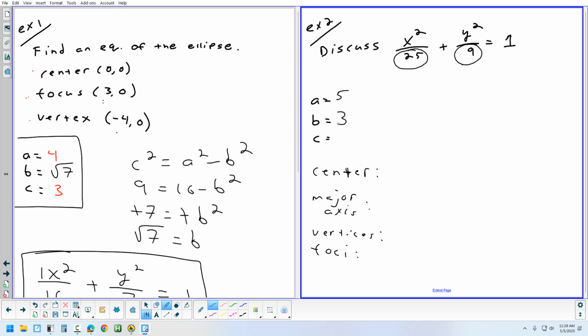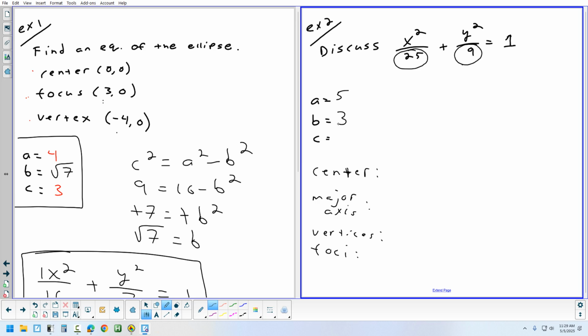C, well, that has something to do with what? What does C tell you about? Yeah? Distance between the center and the foci. It tells you the distance between the center and each focus. We don't have that information given, so you're not going to be able to find C directly. We need a formula to calculate C. What's the formula to calculate C? Yeah.